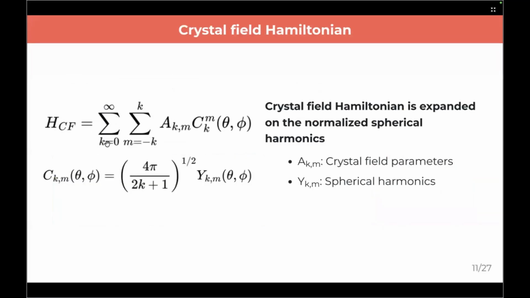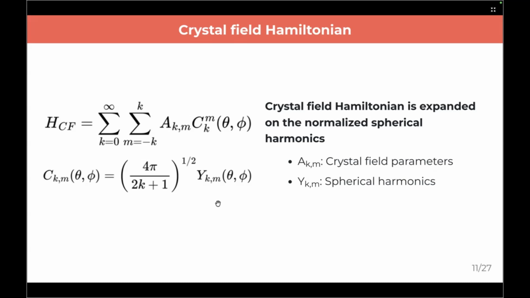But going back to our crystal field Hamiltonian, if you write it in such a mathematical equation, it is basically expanded on normalized spherical harmonics. And we know that spherical harmonics are eigenstates of the orbital angular momentum in quantum mechanics. For example, for the spherical harmonic Y_KM, when K and M are equal to 0, it has a symmetric spherical shape.